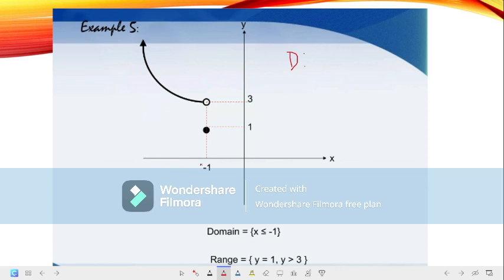Our domain would start here towards that side, because the graph has an arrow going in that direction. Even though we have a hollow circle here, meaning it's not included, there is a separate point which tells us that -1 somehow is still included.